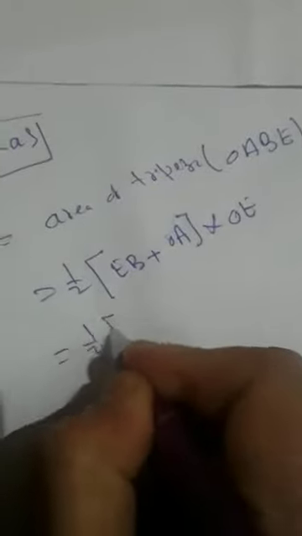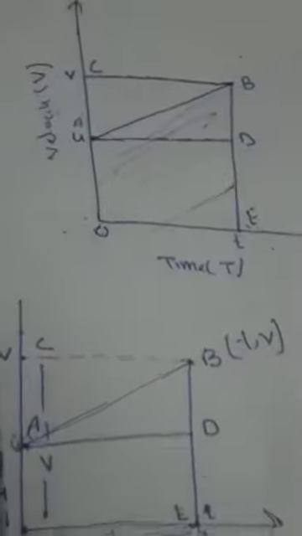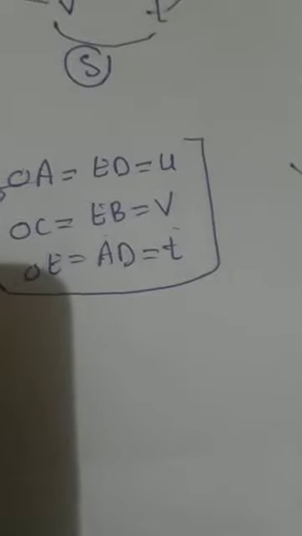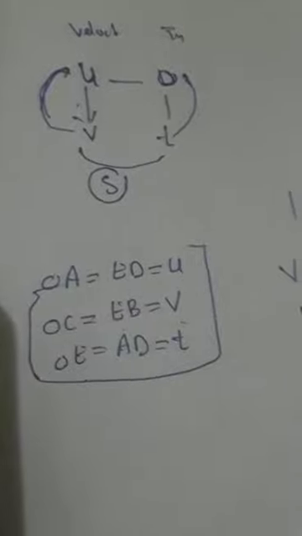So 1/2 EB is equal to OC, which is equal to V. I have already drawn this. EB is equal to OC is equal to V. I will write V plus OA is equal to ED. Here I will show OA is equal to ED, which is equal to U.